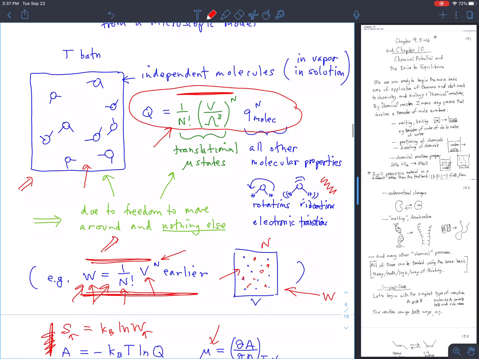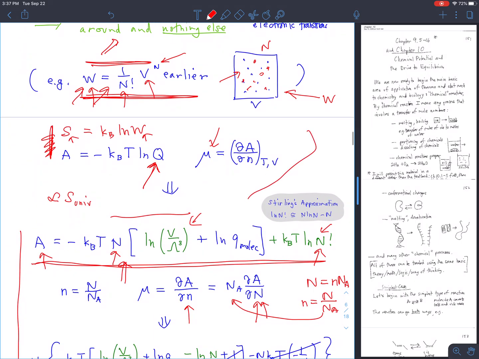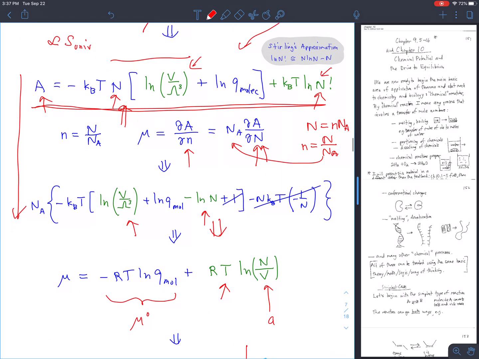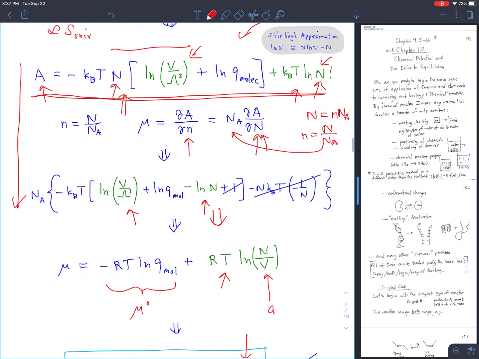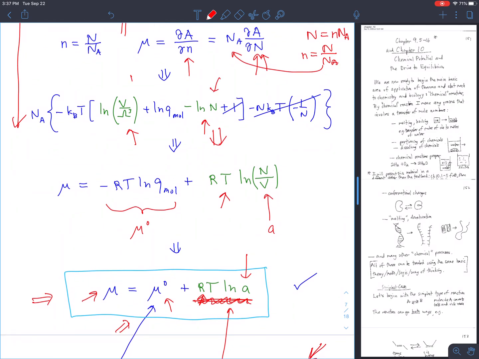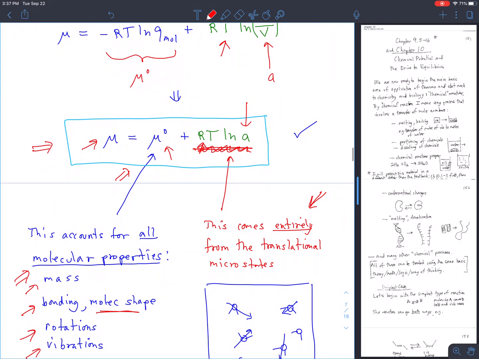These terms that are dark green, if you trace them through all the algebra here, the dark green terms are always the same as we go through the algebra, and there it is at the end. This term came entirely from the term that accounts for the translational degrees of freedom, the translational microstates of the system. And it's the only term that depends on concentration.